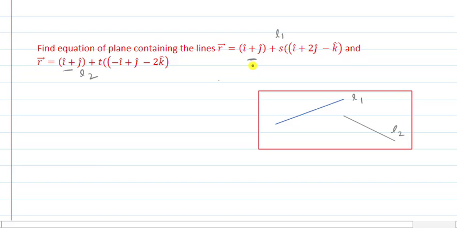Now, as the lines are in the plane, what will happen? The normal to the plane will be perpendicular to the lines, and it doesn't matter in which direction the lines are. I can't show you over here, but you can feel it.